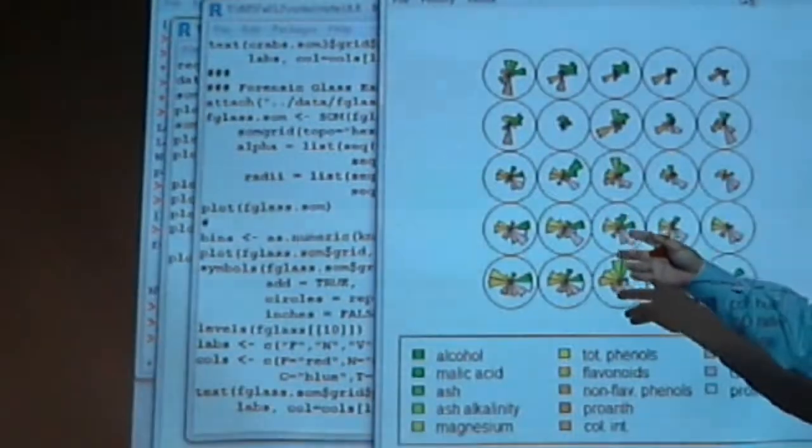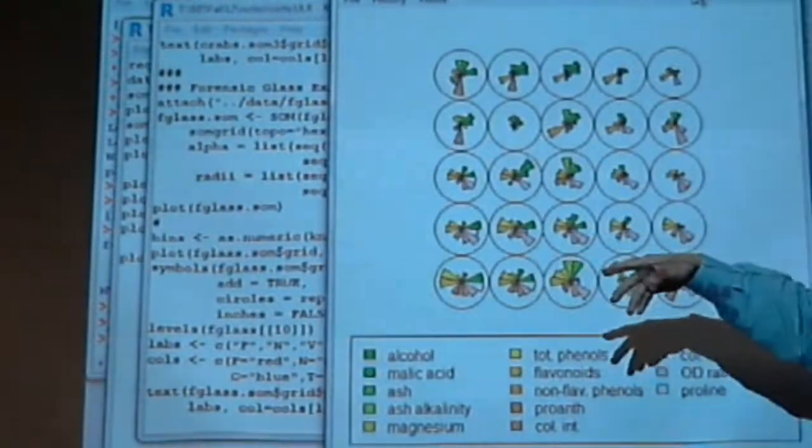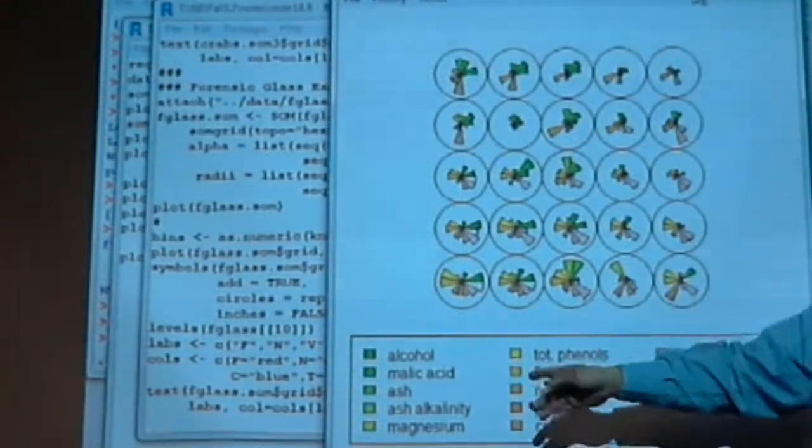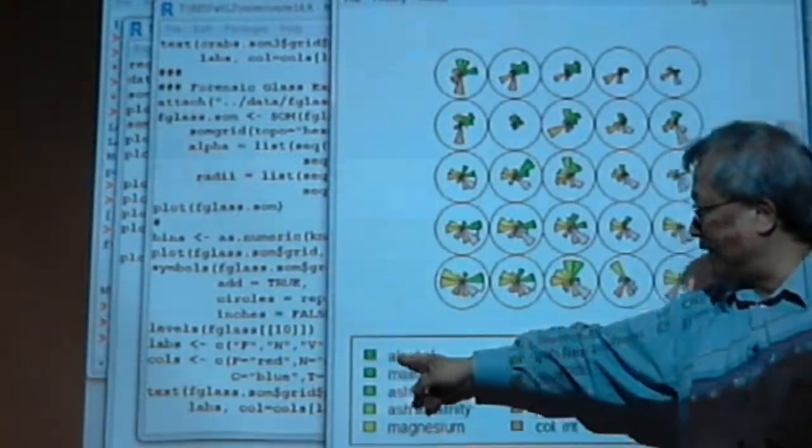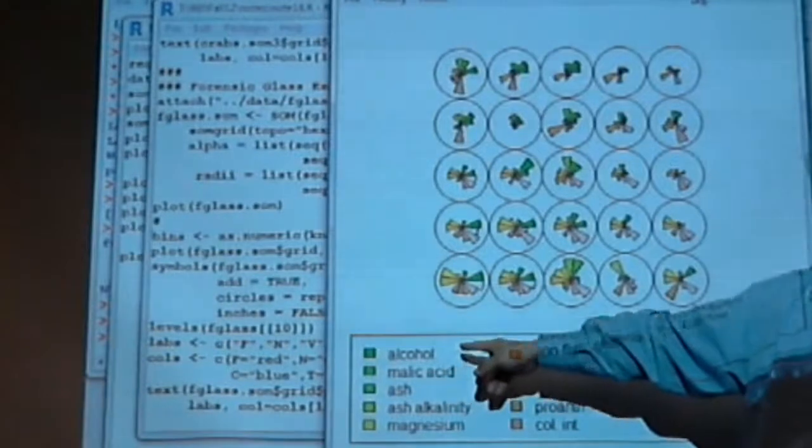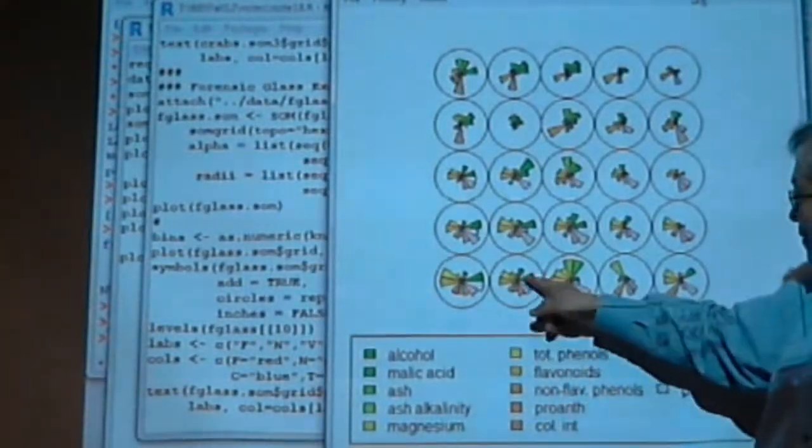This is, well, how should I call it, sort of a better representation of the star symbols. I shouldn't say better, but this is still a star symbol in a sense. I use color to represent different variables rather than using the arms here. Like this one, the first one, I think this is alcohol content, in this direction.